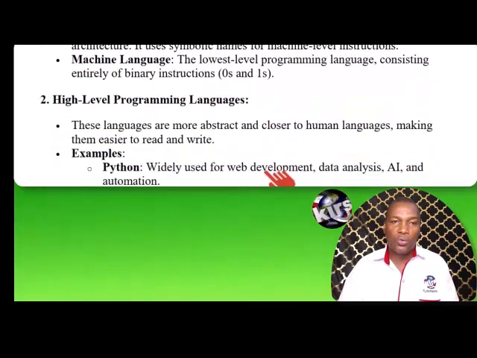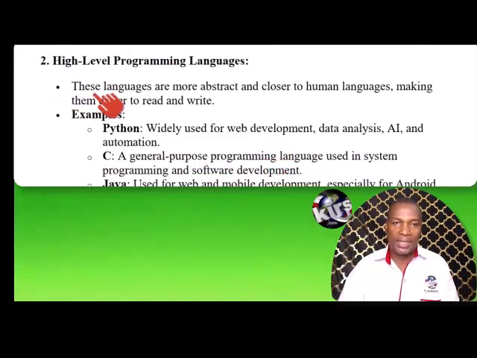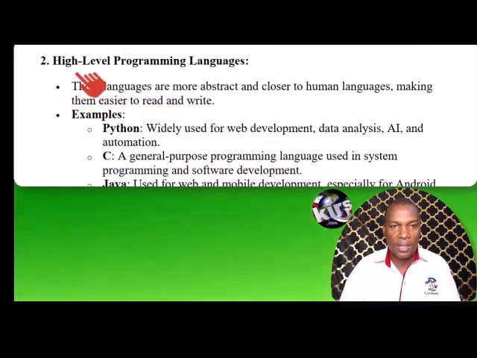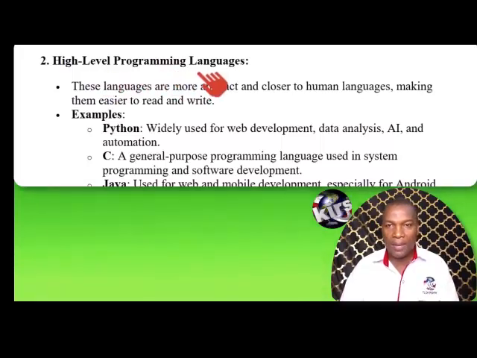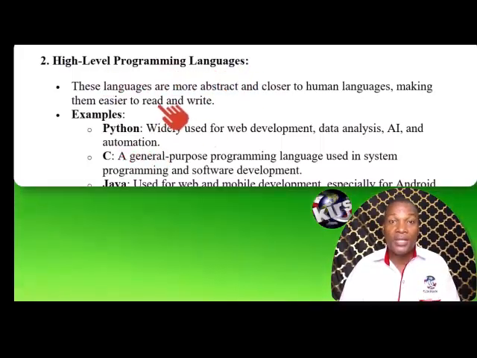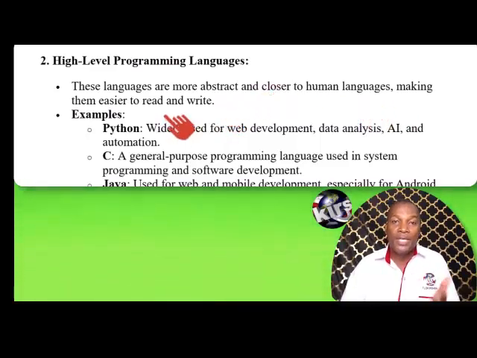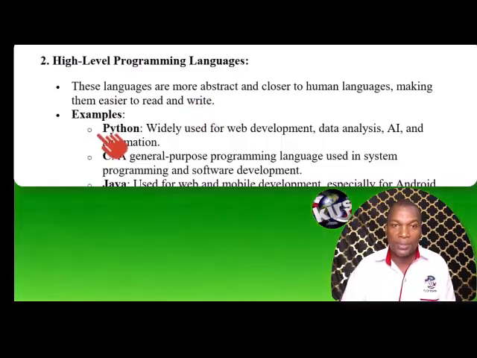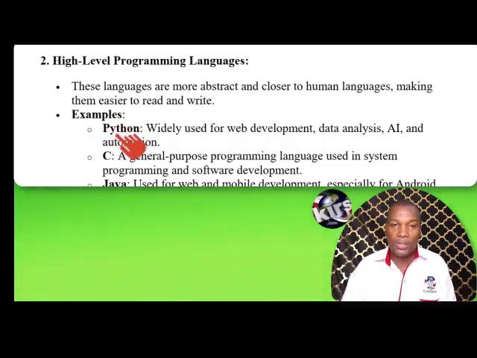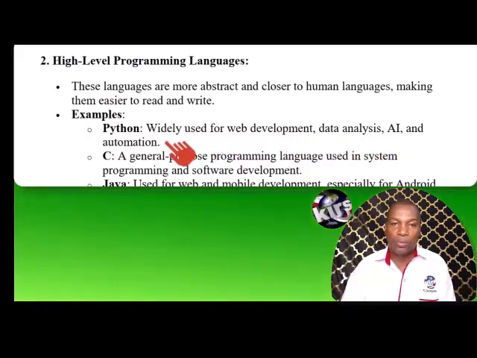Having gone through that category, we go to the second category, which we are calling high-level programming languages. These are languages which are more abstract and closer to human languages, making them easier to read and write. We have examples of such languages. We have Python, widely used for web development, data analysis, and AI and automation.